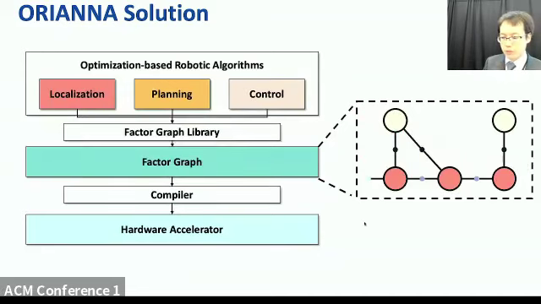Our insight is that we can leverage the factor graph, which can serve as a unified intermediate representation. First, we design a software library to realize the transformation of different algorithms to the intermediate representation, and also a compiler to map this representation to the hardware accelerators.